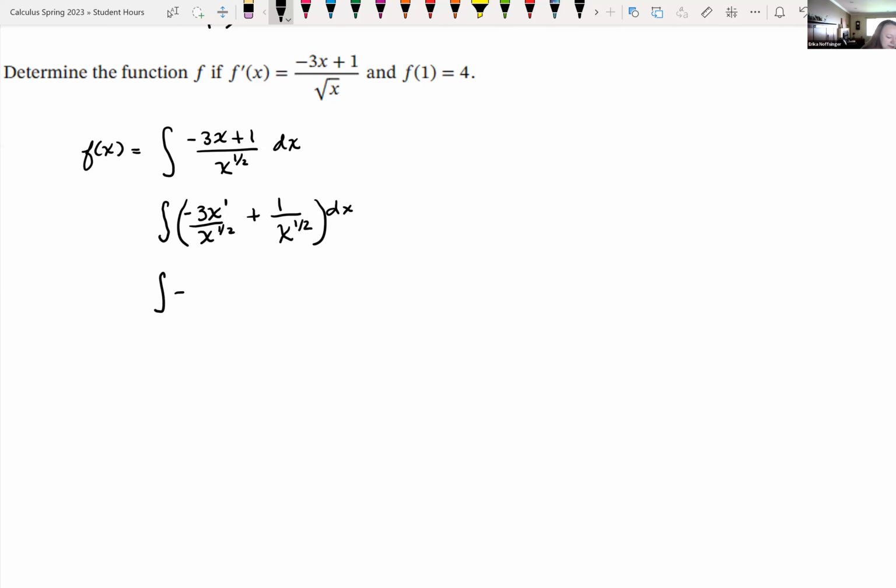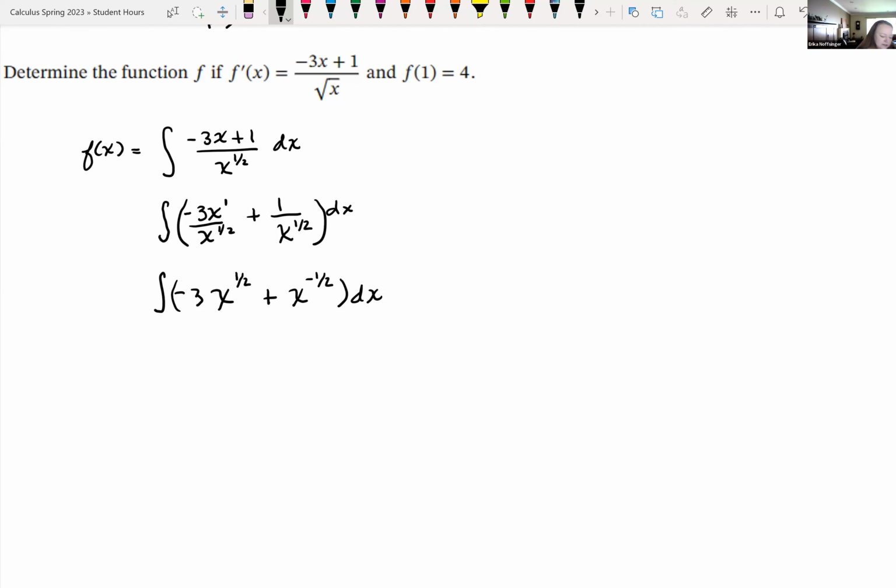So this would give us -3 times x to the positive 1/2, plus, and I'm just going to rewrite 1 over x to the 1/2, bring that up to the numerator as x to the negative 1/2, dx. Okay, so we've manipulated it and rewrote it so that we now can take the antiderivative of this.